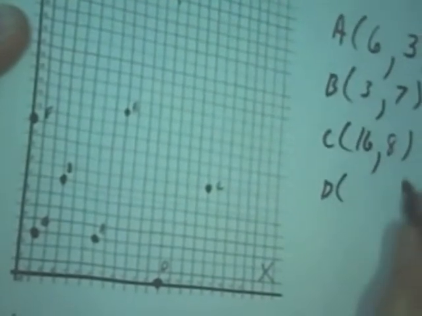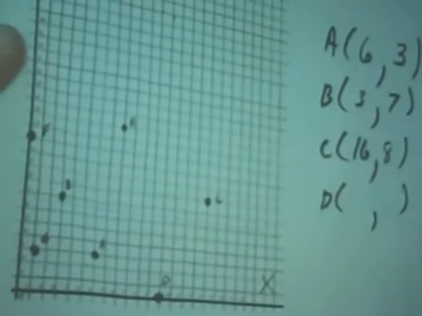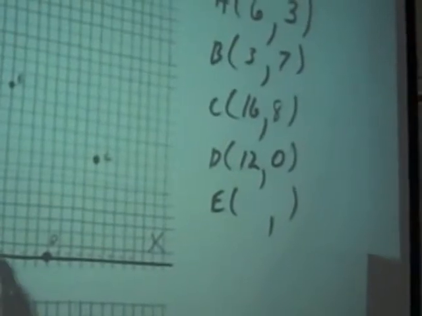D: hallway 12, elevator 0, no elevator. Good job. E: hallway 8, elevator 13.